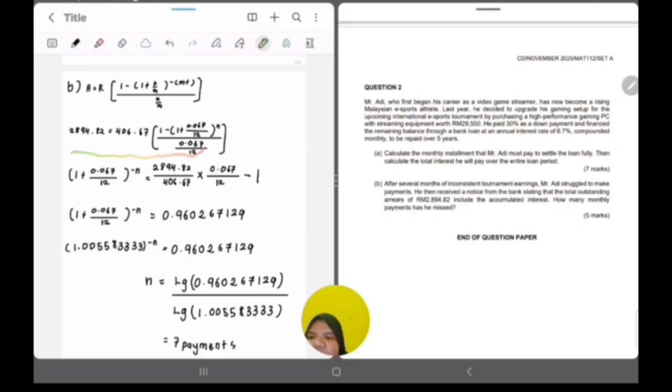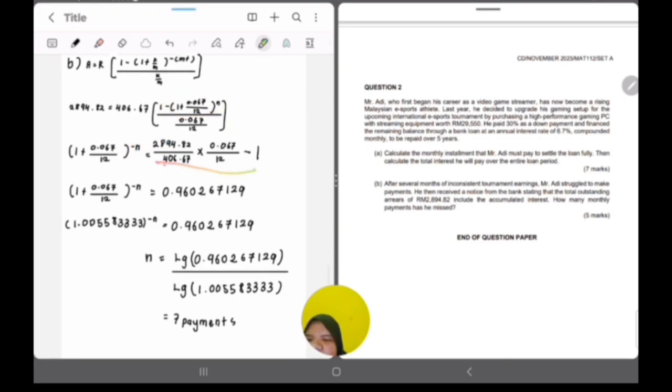To find N, we need to move this whole information to the front so that we can find N. After doing all this calculation, we will get this answer, and then we will do the calculations for this, and then we will get this answer.